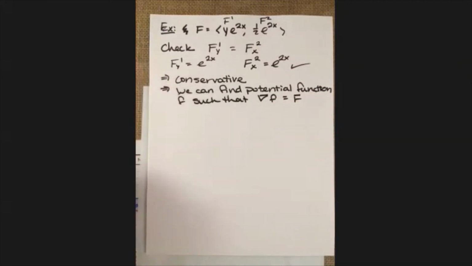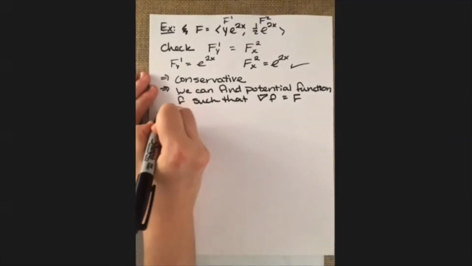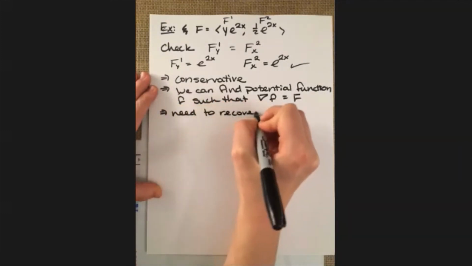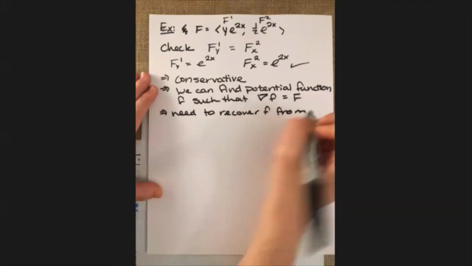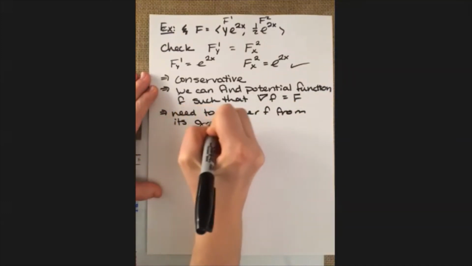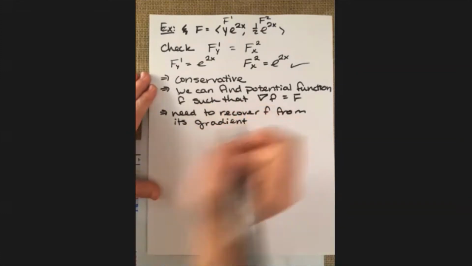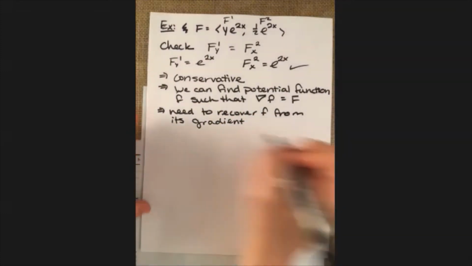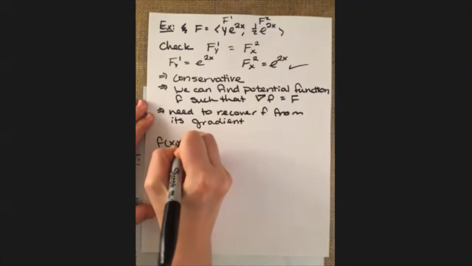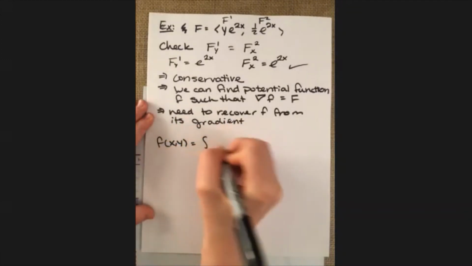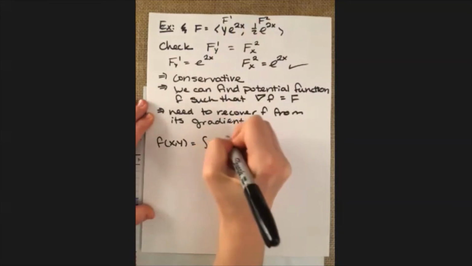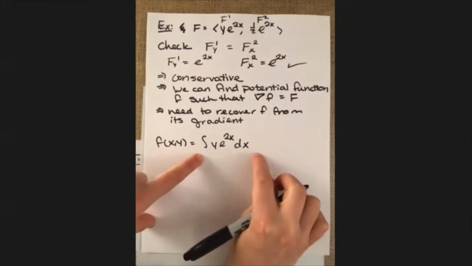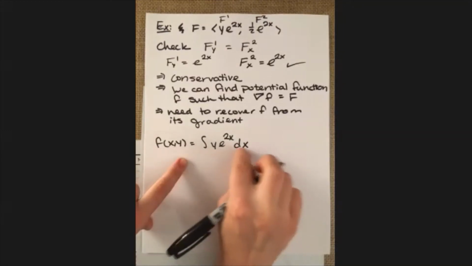So all we got to do is recover f from its gradient. And this process is exactly the same as it was before. So we're going to have that f of xy is equal to the integral of y e to the 2x dx, like so. So this is restoring all of our x information that we have.